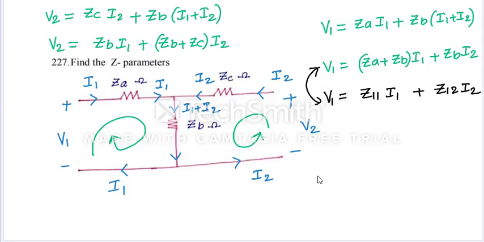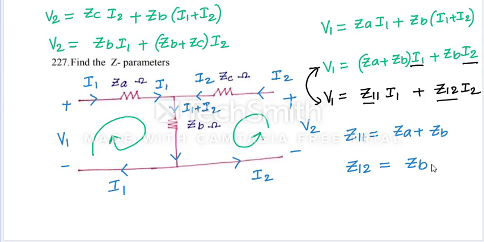The coefficient of I1 is Z11 and the coefficient of I2 is Z12. So from this I can write Z11, which is equal to ZA plus ZB. Next, Z12, which is equal to ZB.